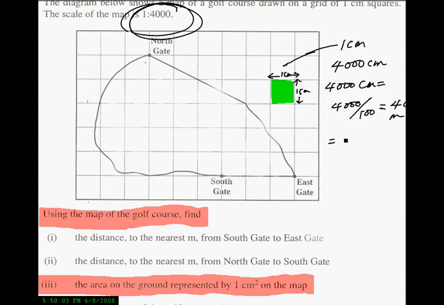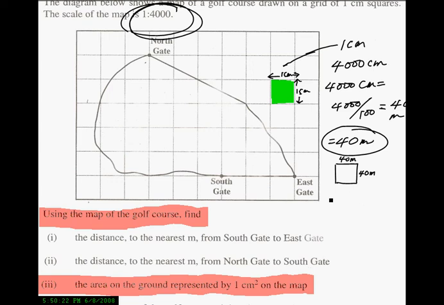Let's have that again, 40 meters. Since both sides on the ground are 40 meters, it would be a 40 by 40 giant square on the ground.